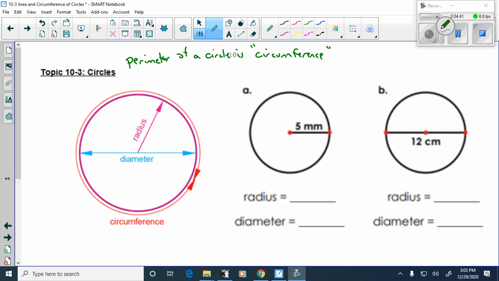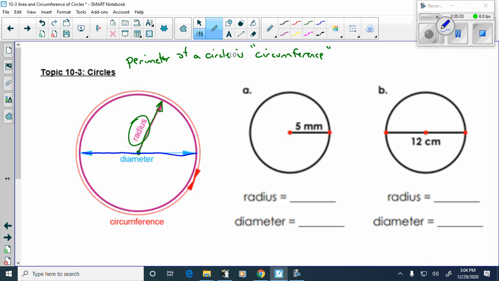We also have a couple of other new words regarding circles. This distance here from the center of the circle to the edge of the circle is called the radius. The distance all the way across the circle through the center is called the diameter.